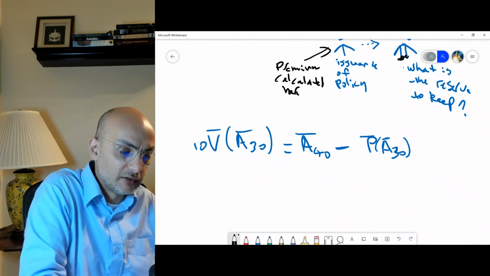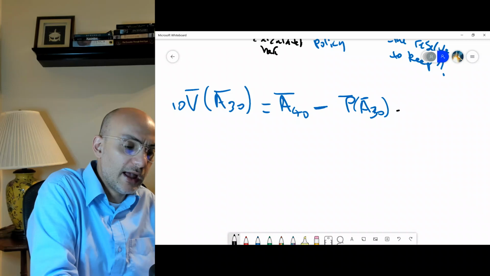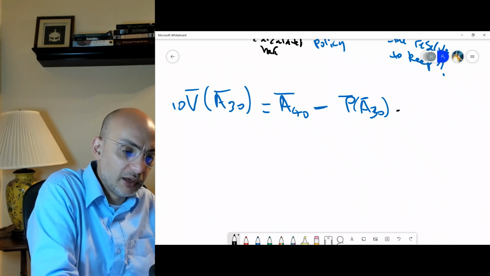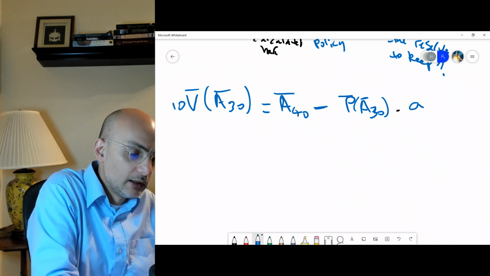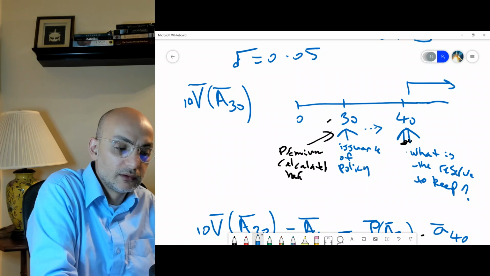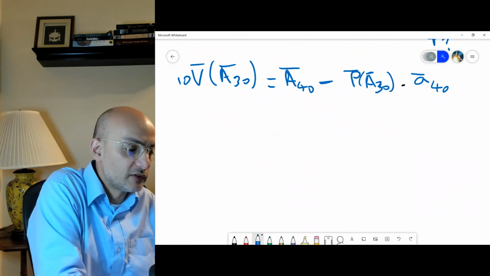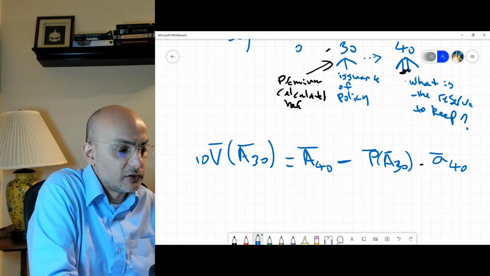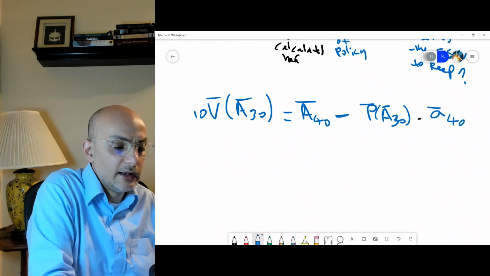So it's already fixed. But we need to get a series of payments. So we multiply it by the annuity at 40, because you're going to collect from 40 and forward, whatever the policy tells us. Now this is a uniform distribution, so we need to calculate all pieces here.